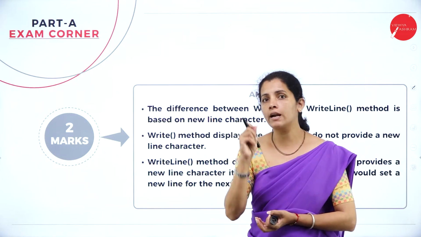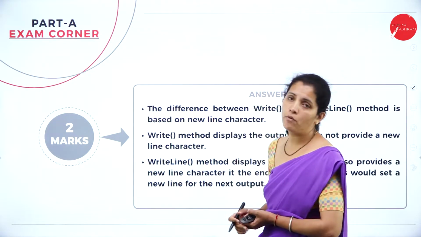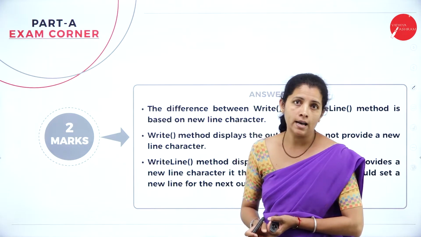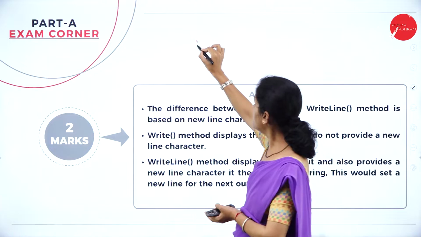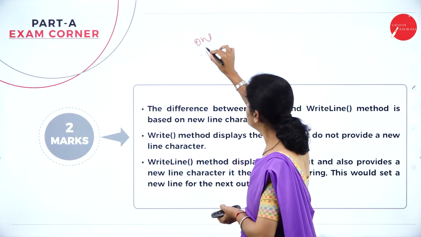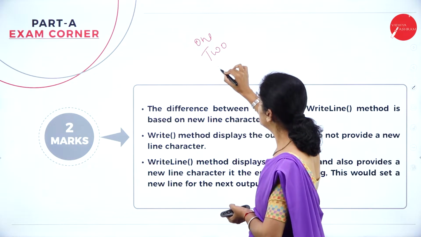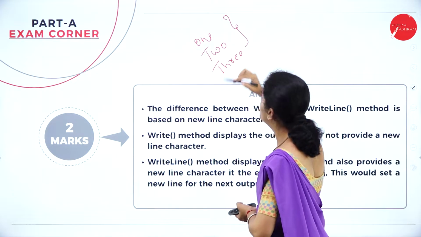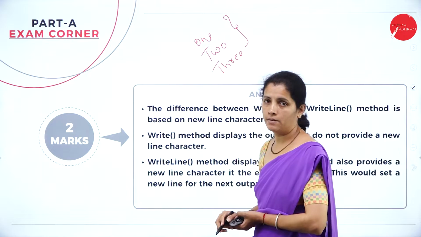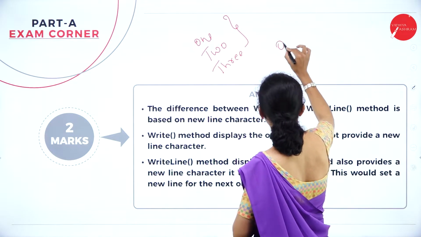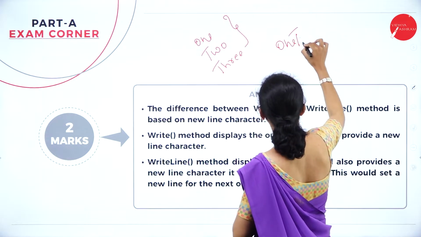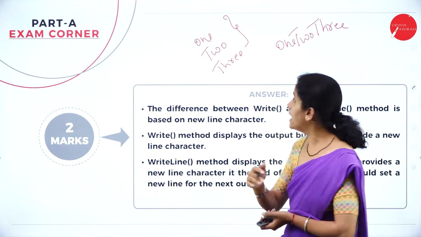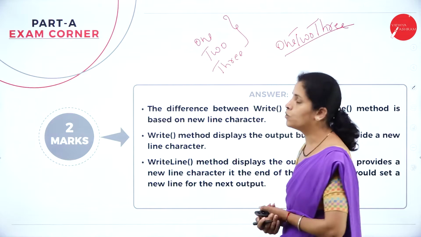Then what about WriteLine? Suppose I want to display 1 in one line. After that, I want to display 2 on the next line, then 3. So this is the output of WriteLine. Suppose if I use Write 1, 2, 3, in a single line I am going to display all the output.